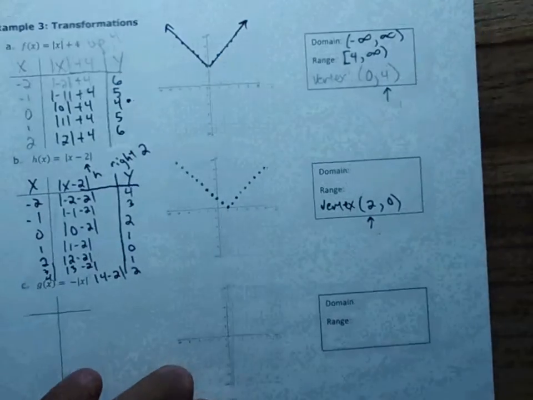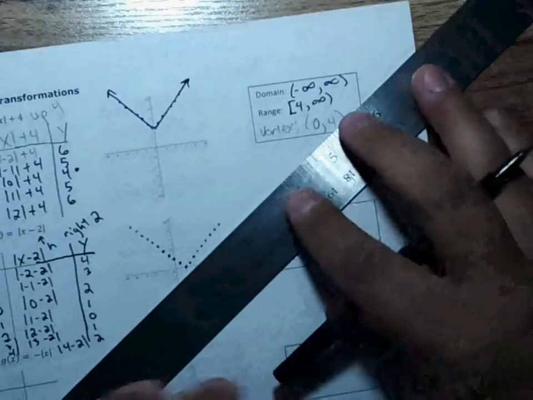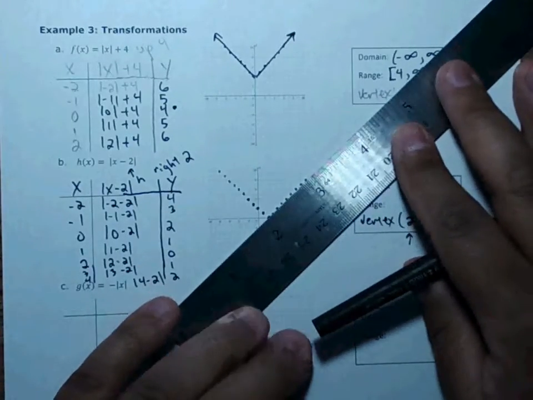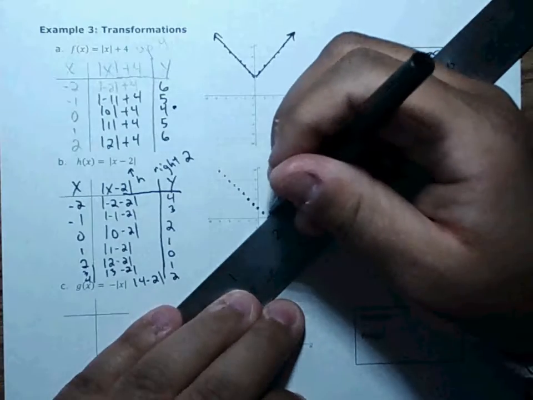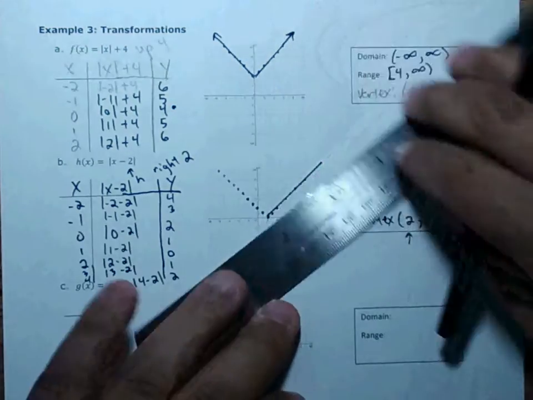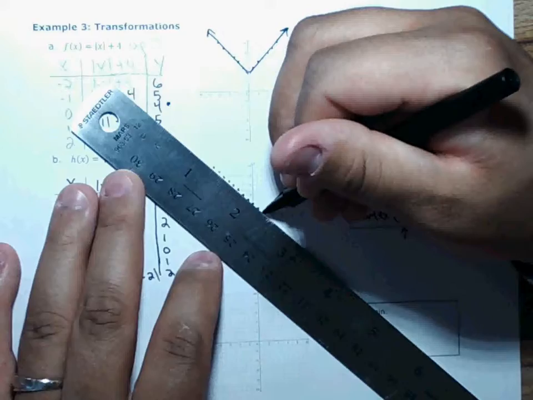And then again, if I take my straight edge, I can actually graph my function and easily see that all we did was just shift the vertex to the right 2.